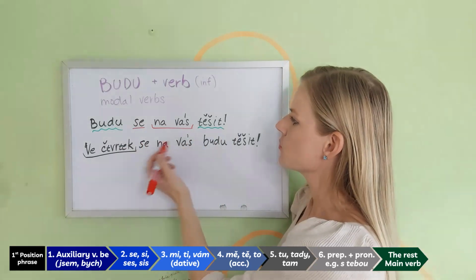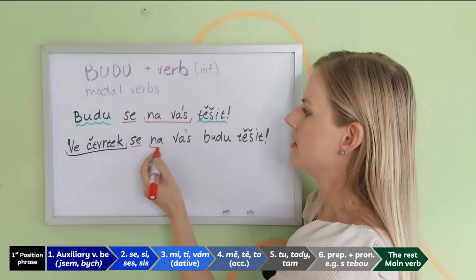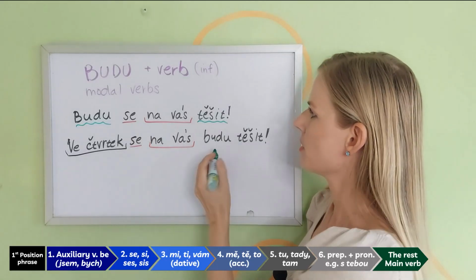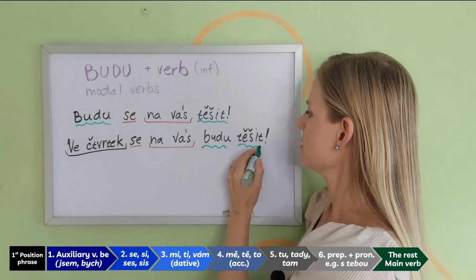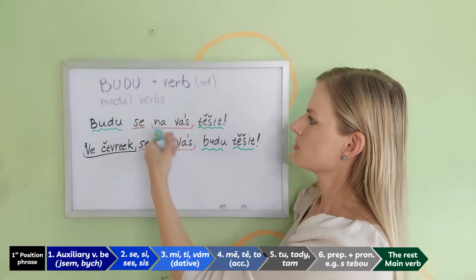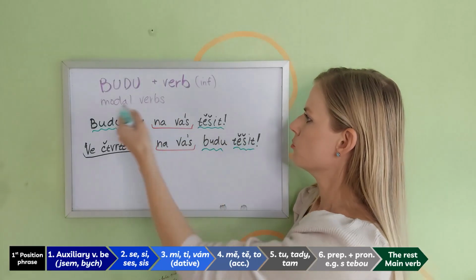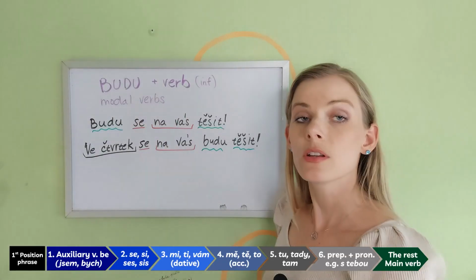But the second position words are still here in the same order. Se na vás, and now here we are, budu těšit. Ve čtvrtek se na vás budu těšit. So you see, the second position stays exactly the same. Těšit is at the end. Budu went and joined it.